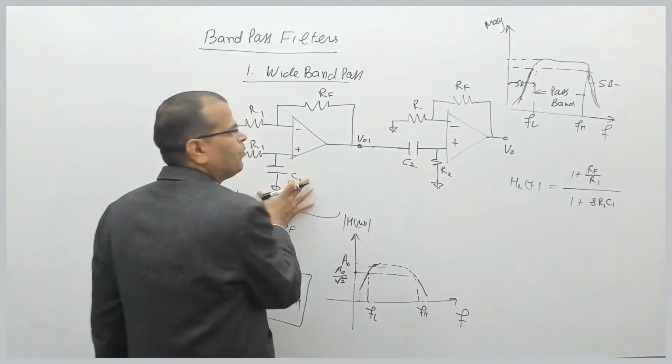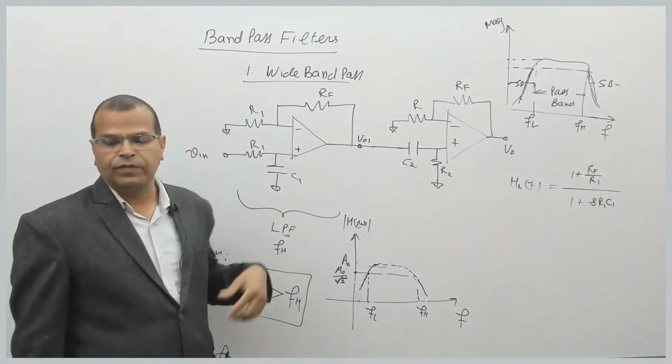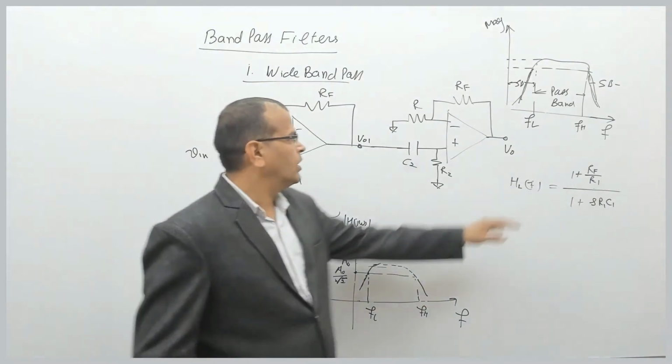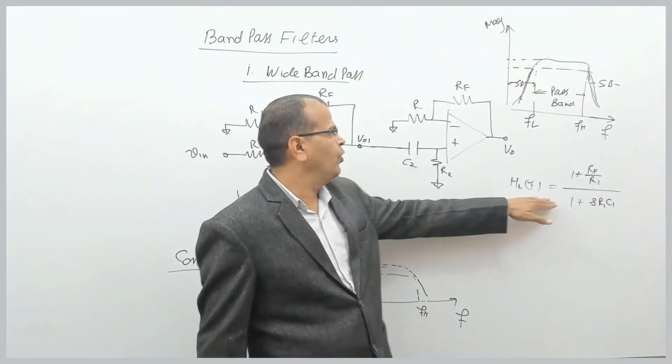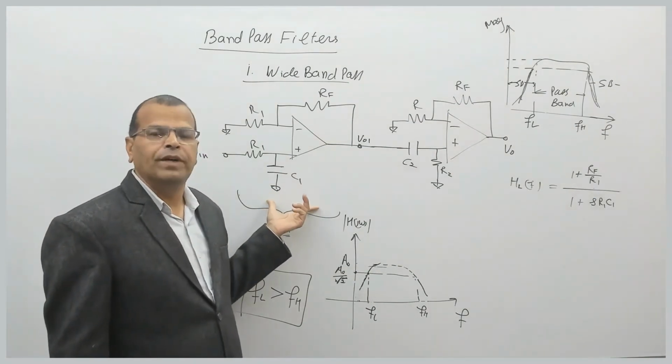That is the transfer function for this. You can see the transfer function of a low pass filter. So this is the transfer function of the low pass stage. If you remember, you can see the low pass filter.